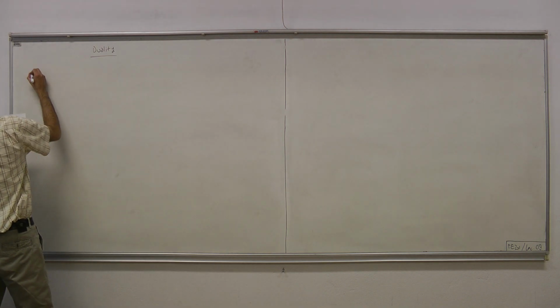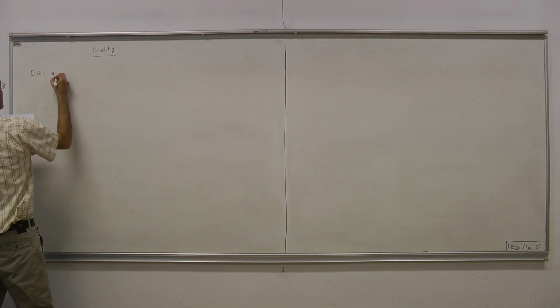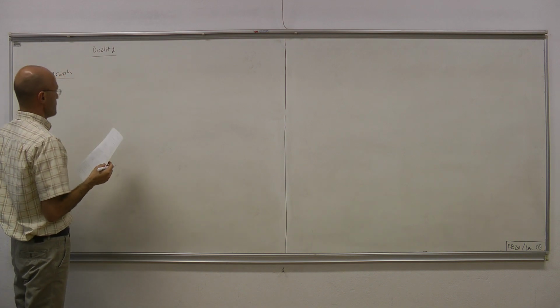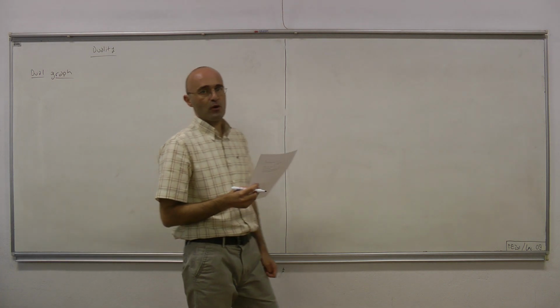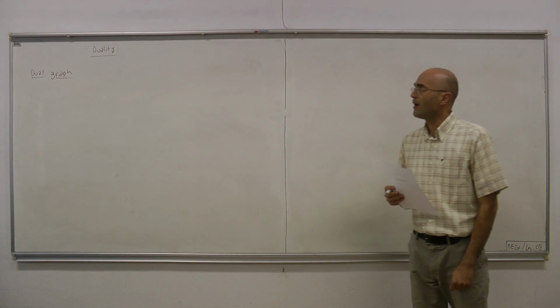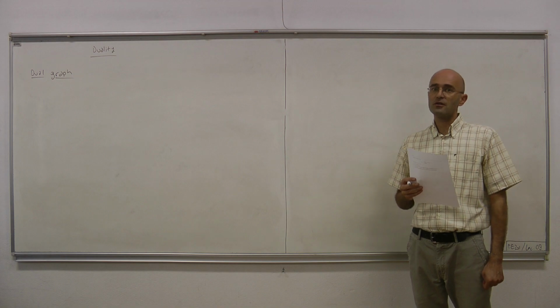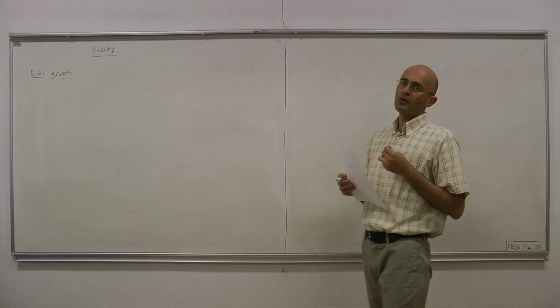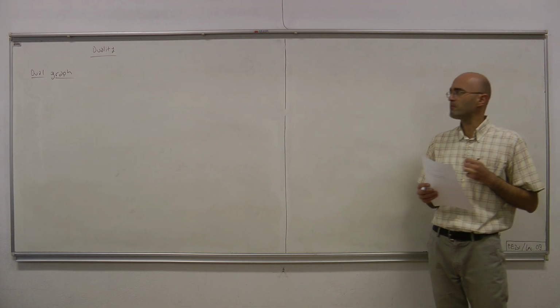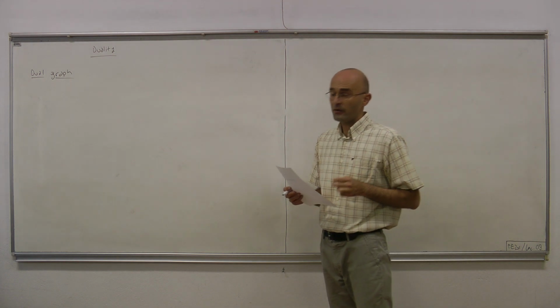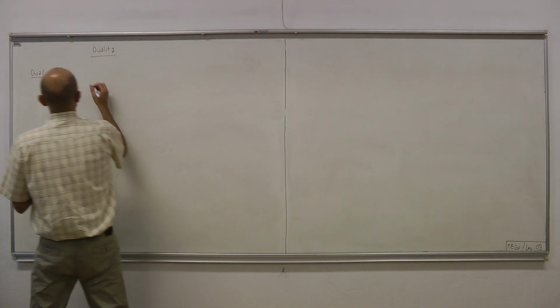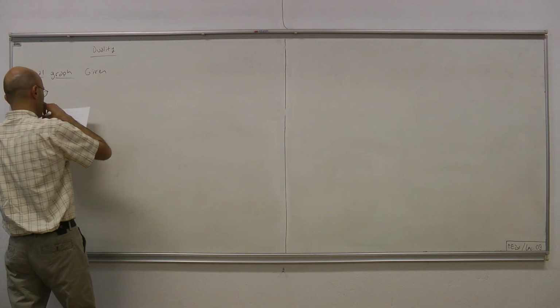And a dual graph is defined as follows. First of all, not all graphs have duals. In order for a graph to have a dual graph, it has to be a planar graph. So we start with a planar graph.